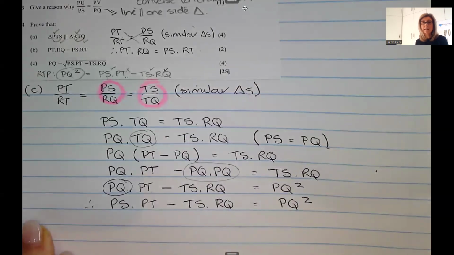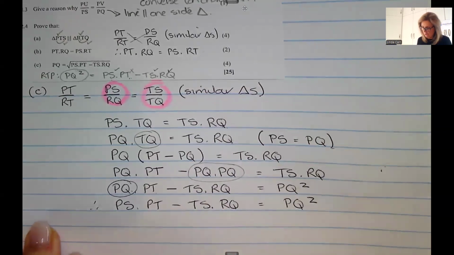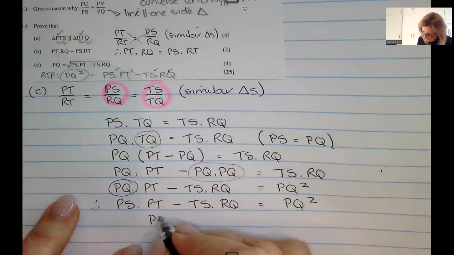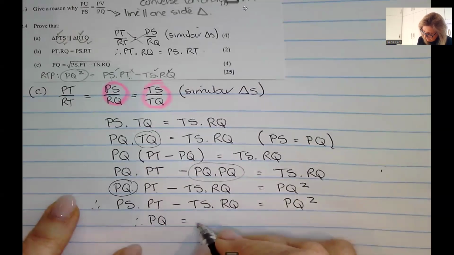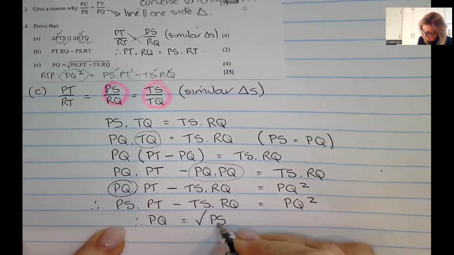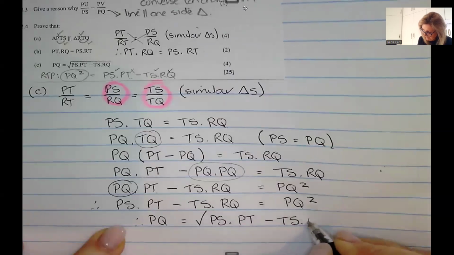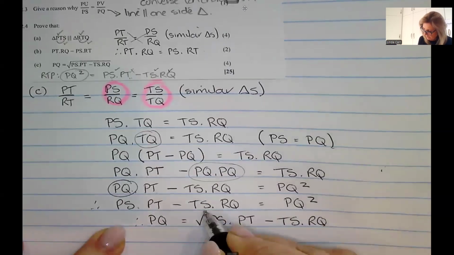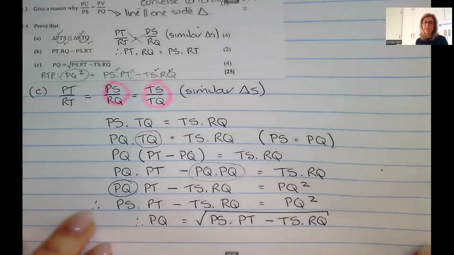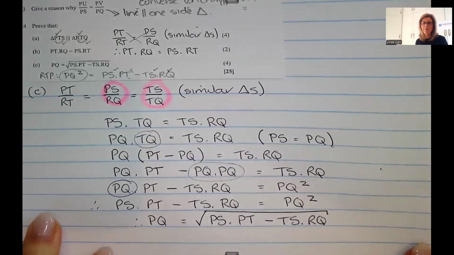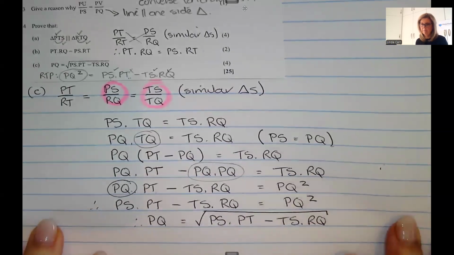Okay, so it was a little bit of a runaround for 4 marks, but quite a clever question to work with. I suppose I should finish by saying, therefore, PQ is the square root of PS times PT minus TS times RQ. If you've done this one a few times, it's very hard to forget that you've seen it. Then it's just to get that reasoning back again.